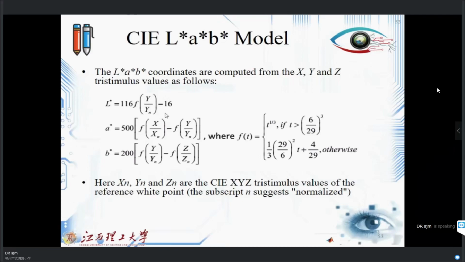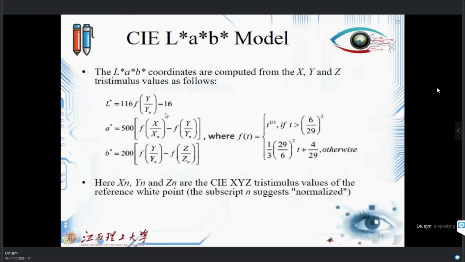Xn, Yn, and Zn are the CIE XYZ tristimulus values of the reference white point, where the subscript n suggests the normalized one.